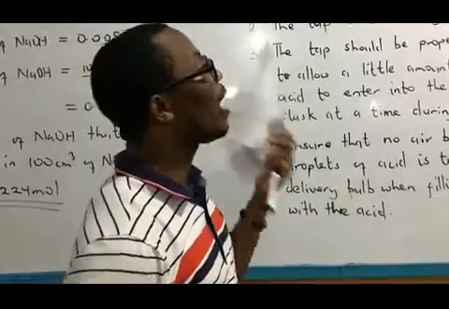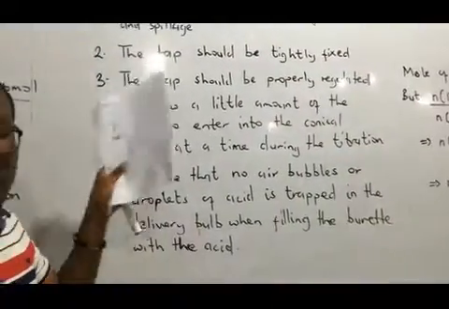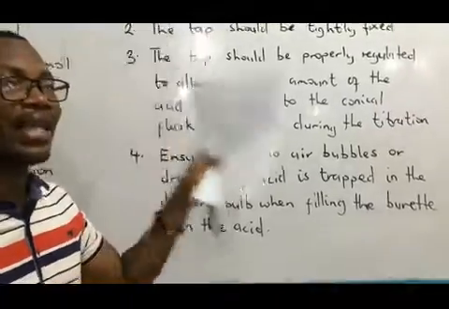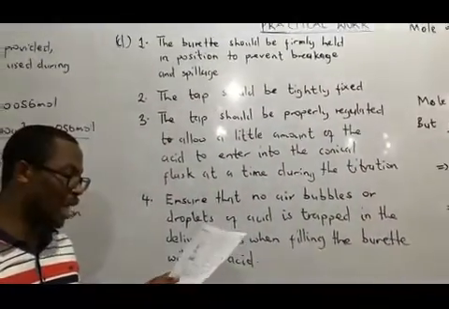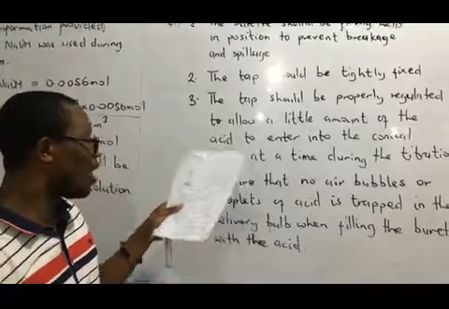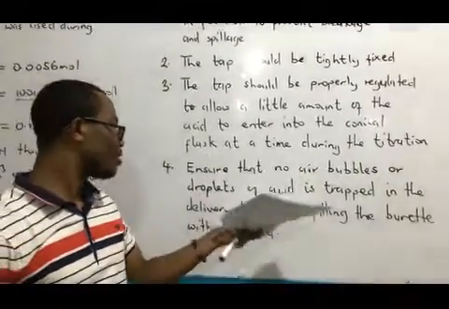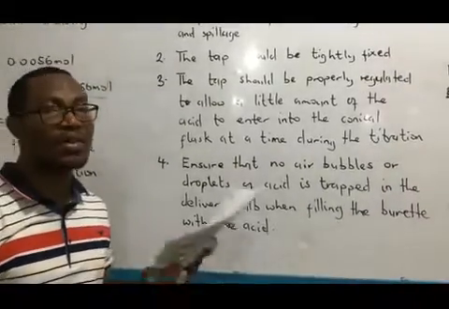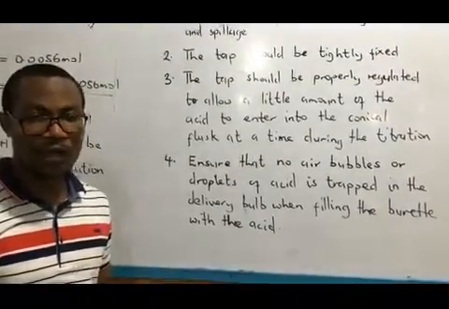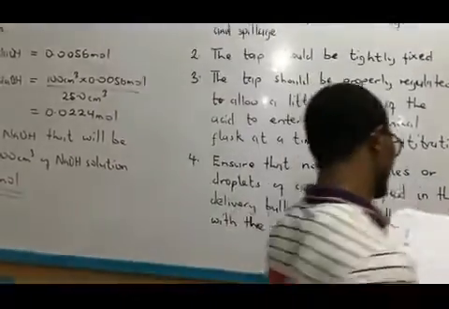How does it affect the titration result? It will end up increasing the titer value, that is the volume of acid that was used in the titration. So the presence of droplets of acid or air bubbles in the delivery bulb will end up increasing the titer value, that is the volume of acid that was used during the titration.